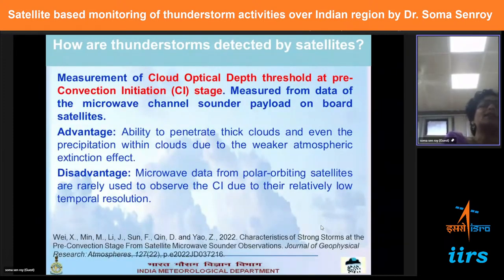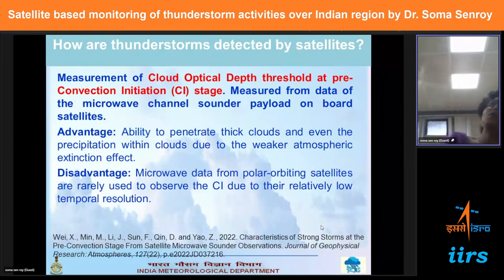The other thing that many studies have found is the use of microwave channel sounder payloads. These payloads can penetrate right through the cloud, and they measure something known as cloud optical depth. They have found a cloud optical depth threshold, especially over China, at the convective initiation stage.